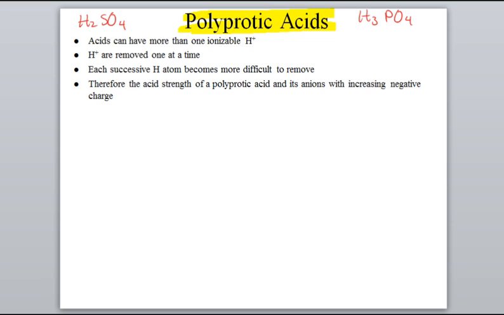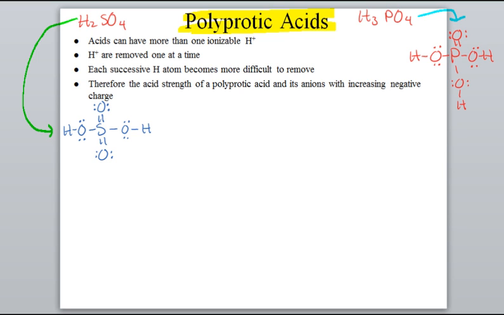Both sulfuric acid and phosphoric acid are oxyacids. If we drew the Lewis dot structures, which you've done before and should still be able to do, we could see the relatively weak bonds. They're all OH bonds with neighboring oxygens. In sulfuric acid, there's one OH bond that's relatively weak and another OH bond that's relatively weak.